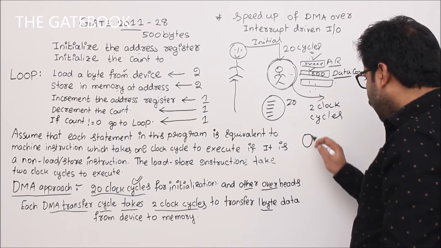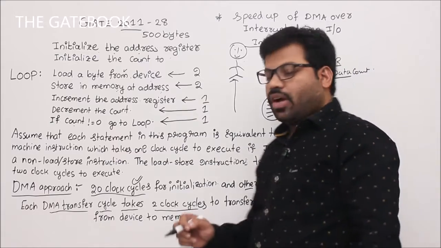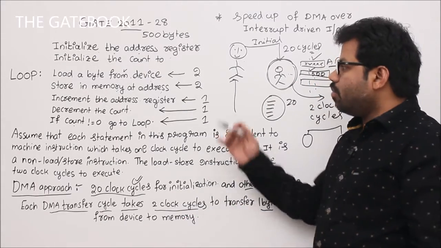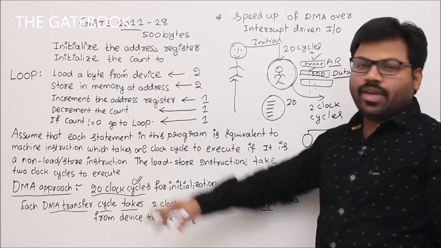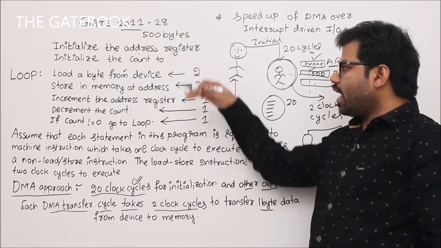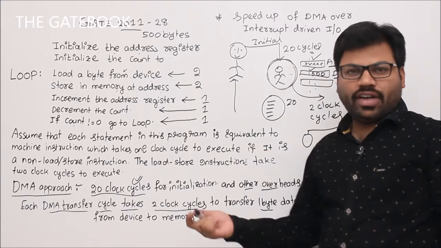He has clearly mentioned that once you prepare your DMA controller, the DMA controller takes 2 clock cycles to transfer 1 byte of data from device to memory. Now the question is, what is the speedup you get because of this DMA? For that, first of all, we have to see the time required to execute the interrupt driven program. After that, we have to see the time required for the DMA approach.